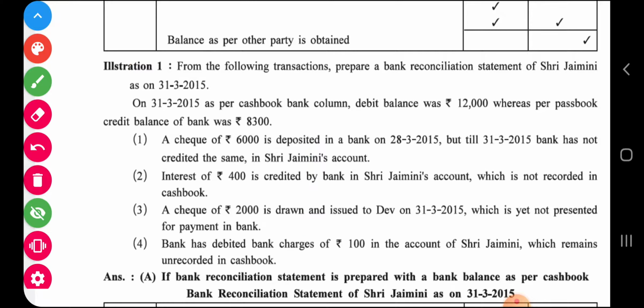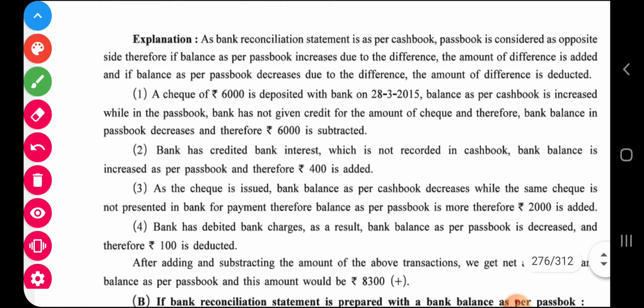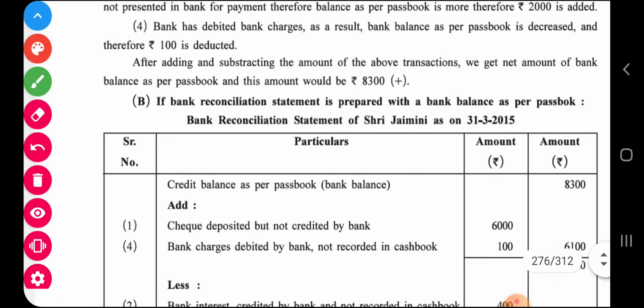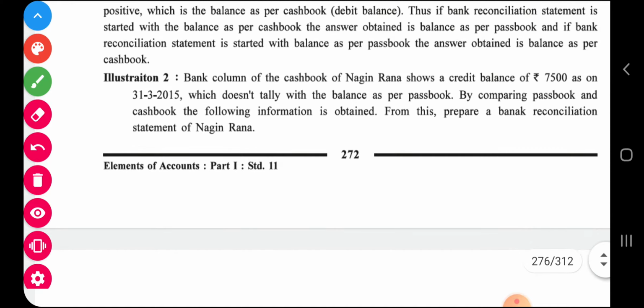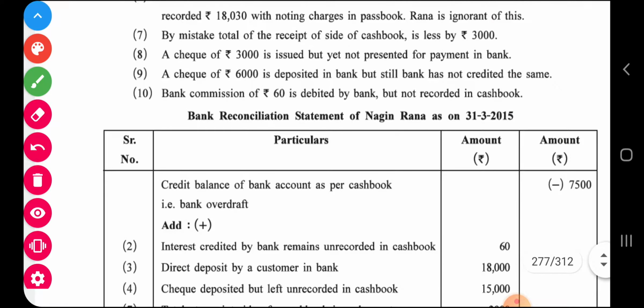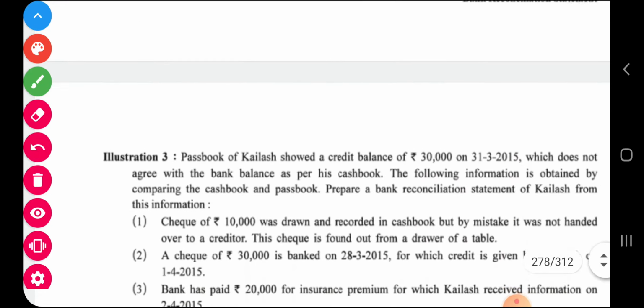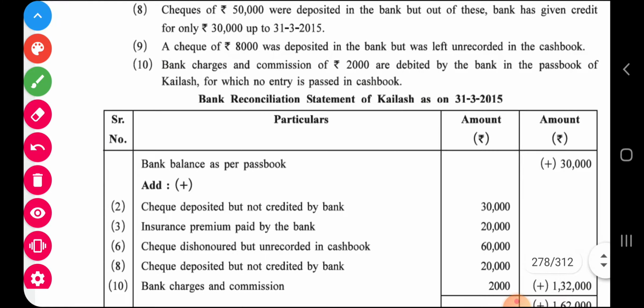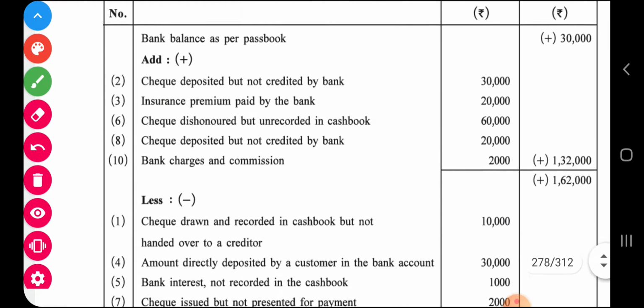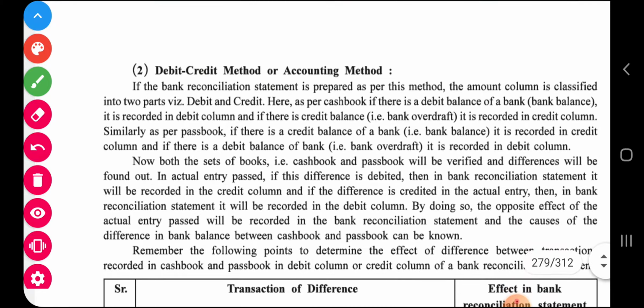Example number 1 and example number 2, both sums are practiced using the mathematical method. So as we are not following that method, you don't need to look at these two sums. And this third sum also, illustration number 3.